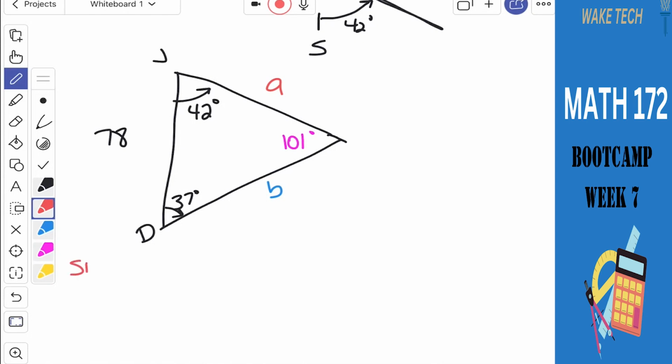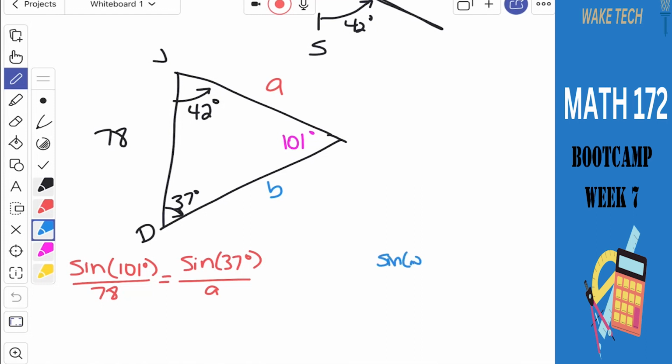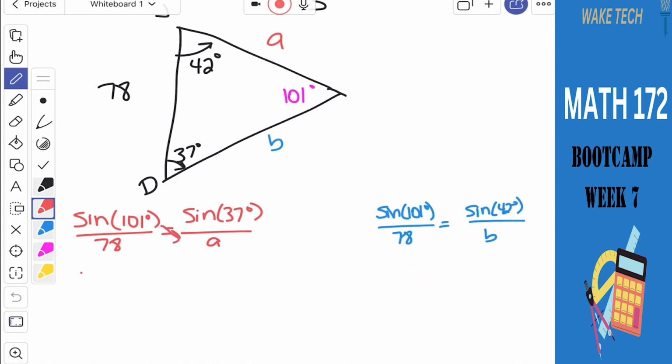And then we can set up the law of sines proportion to solve for A and B. So sine of 101 over 78 equals the sine of 37 over A. A similar type of proportion would work for B. It'll be the sine of 101 over 78 equals the sine of 42 over B. To solve for A, we'll cross multiply to get A sine 101 equals 78 sine 37.